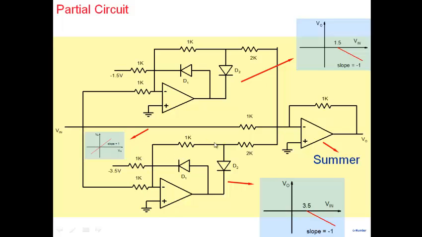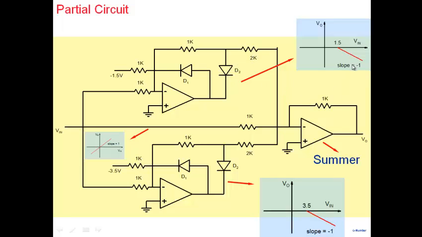Then we have this part of the circuit, which is similar, except that it starts from 3.5, and it also has a slope of minus 1. And then we have simply a wire that you see here. Now we are summing up. Note that we've used 2K here and 1K here, so this 2K and 1K will give a gain of half.